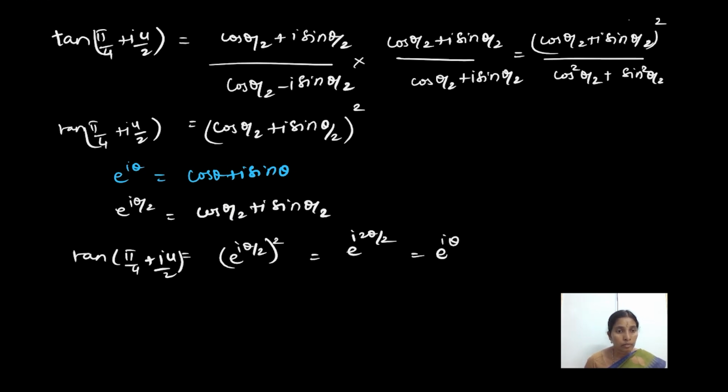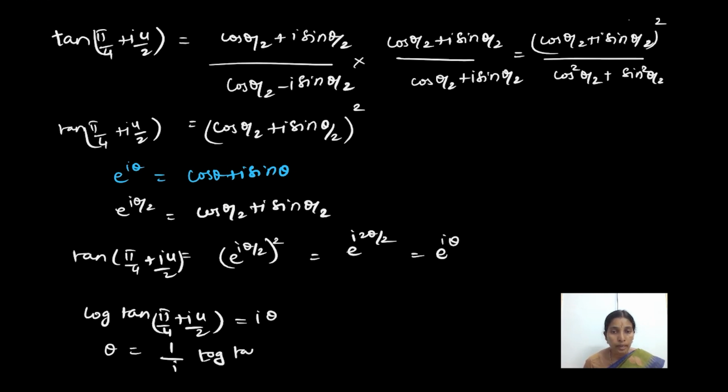So taking log on both sides, log tan of pi by 4 plus i u by 2 equals i theta, and then theta equals 1 by i log tan of pi by 4 plus i u by 2.